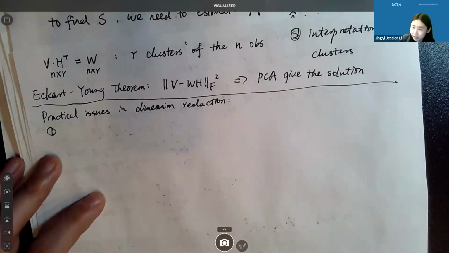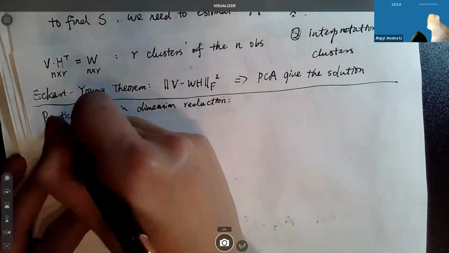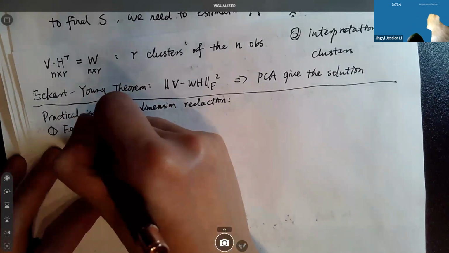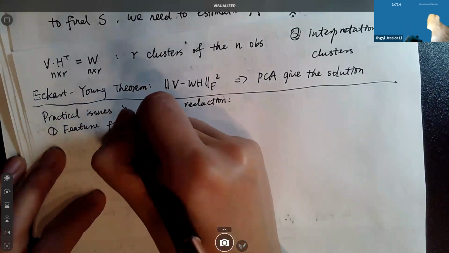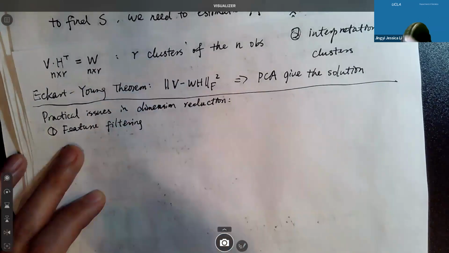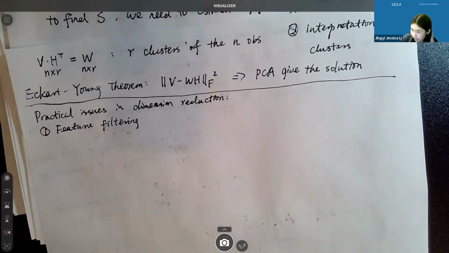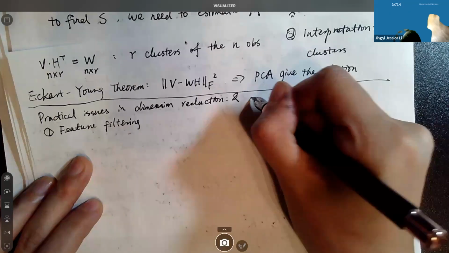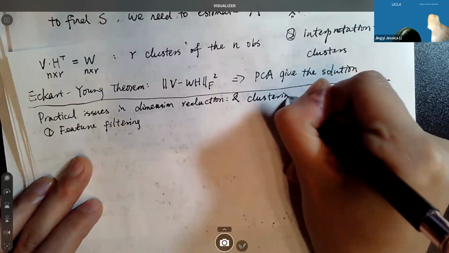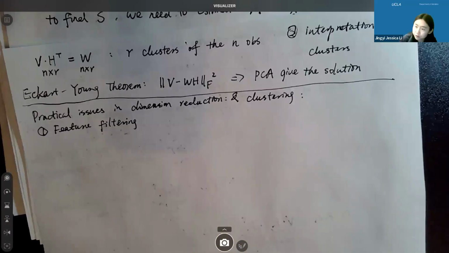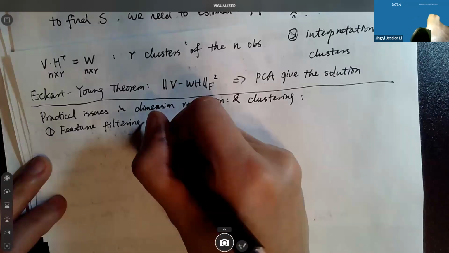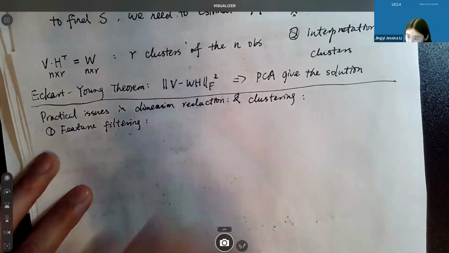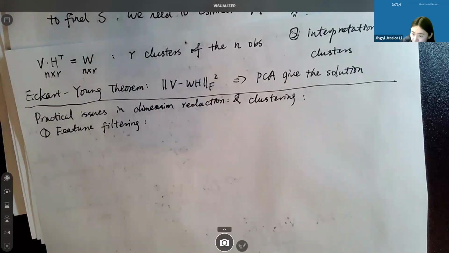One is we often want to do feature filtering before we run dimension reduction. This is also needed before clustering, so needed for both. The feature filtering is that you want to filter out features that are uninformative. You don't want them to affect your analysis.